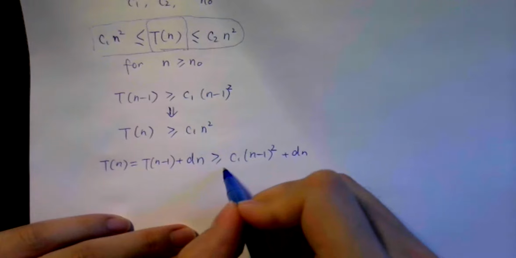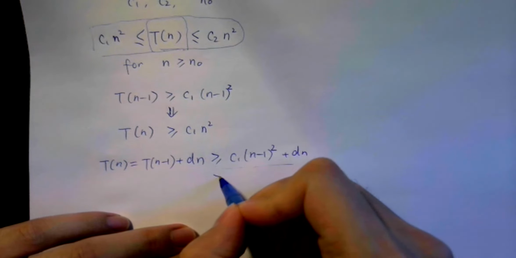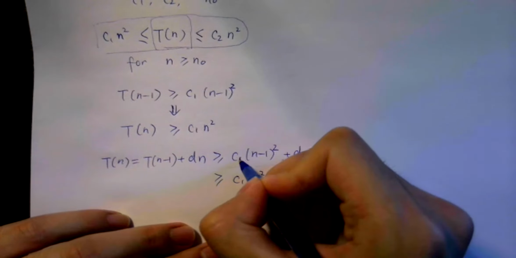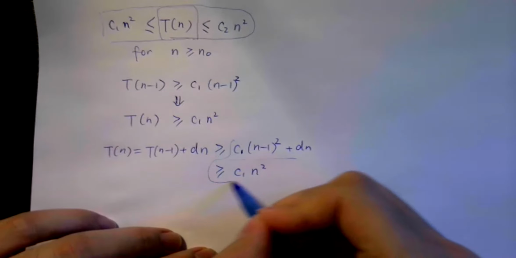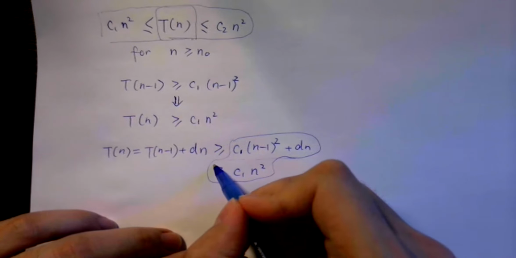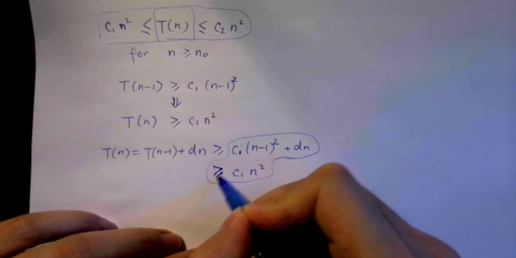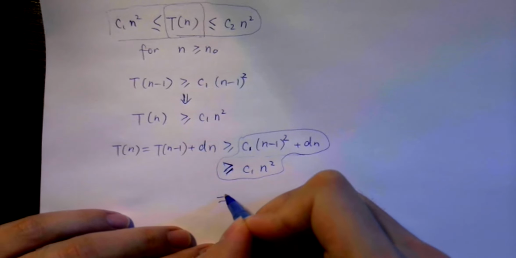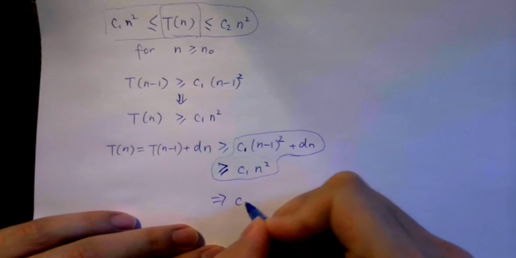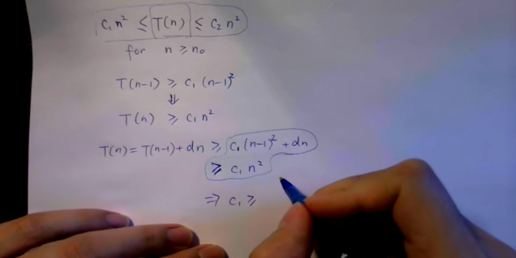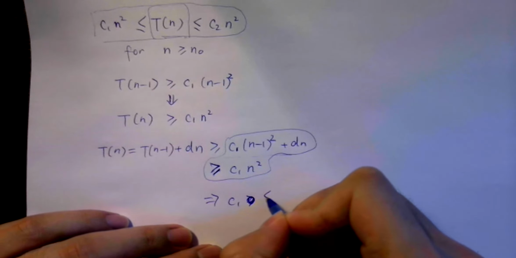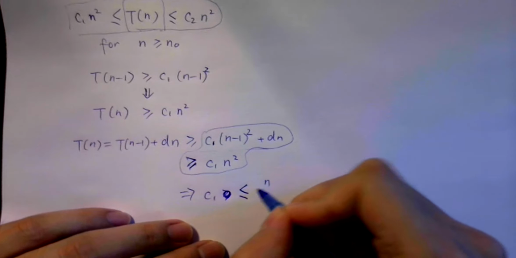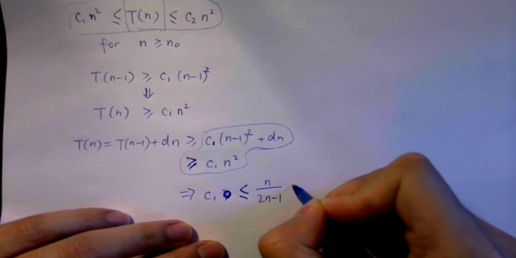And we want the right side to also have a lower bound of C1 times n squared. This is the same inequality with only the direction flipped, so we can infer that C1 should be less than or equal to n over 2 times (n minus 1) times d.